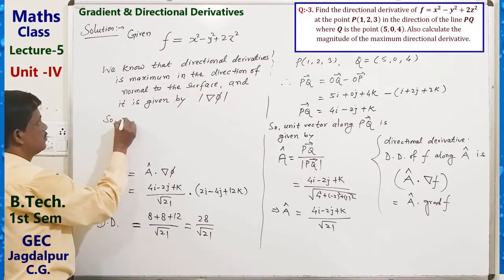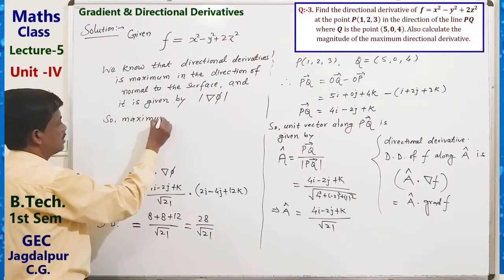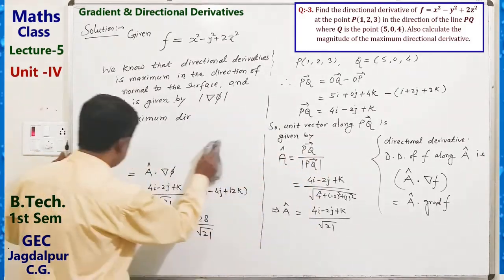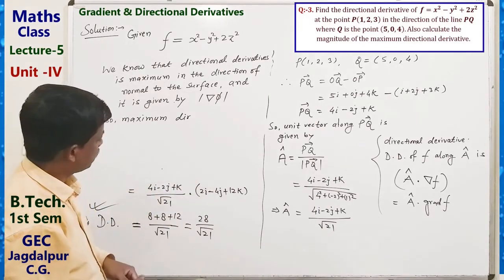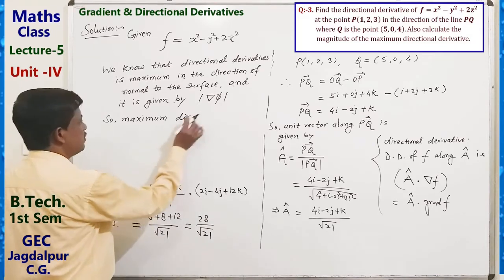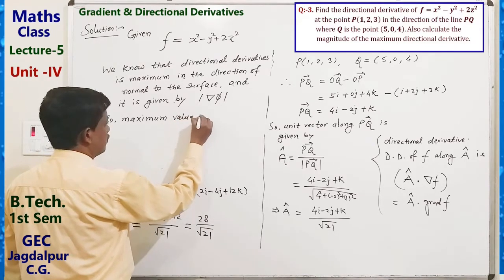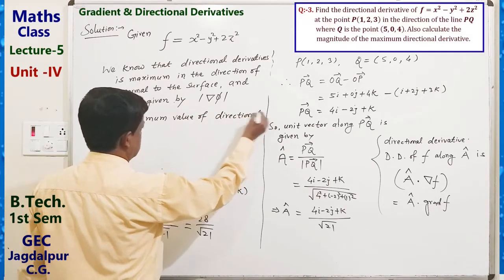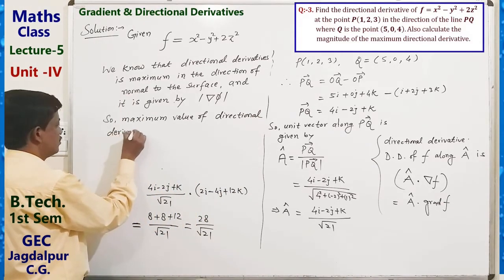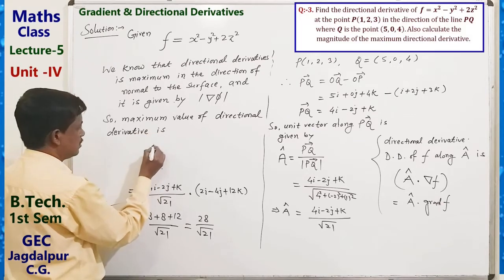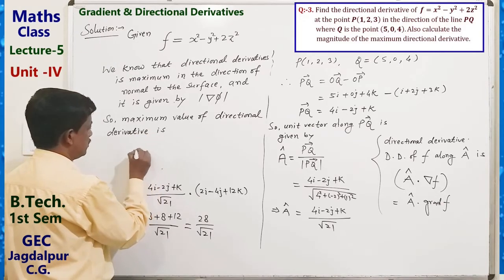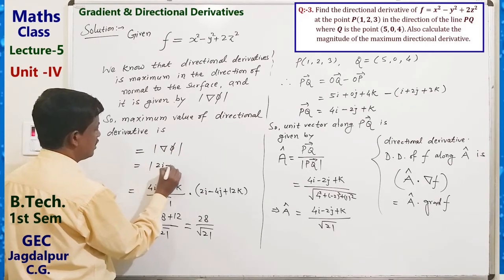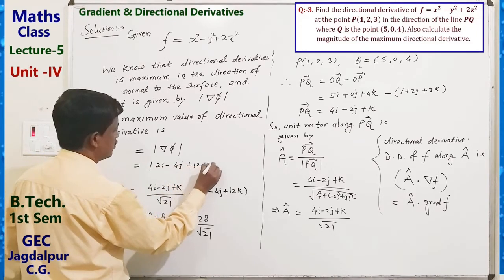So the maximum value of the directional derivative is mod del phi, which equals the mod of 2i minus 4j plus 12k.